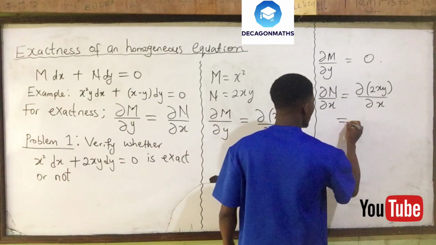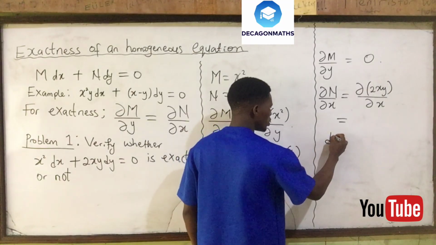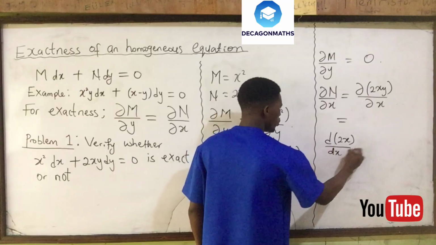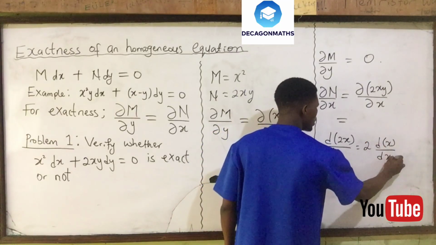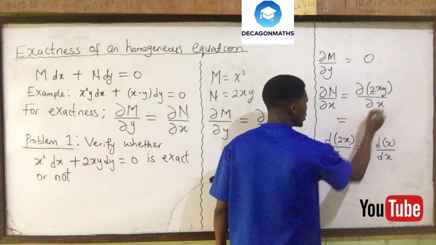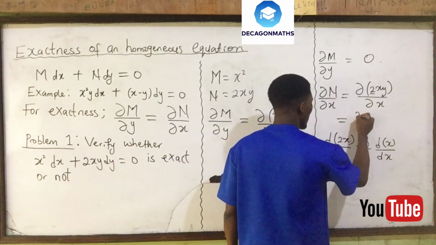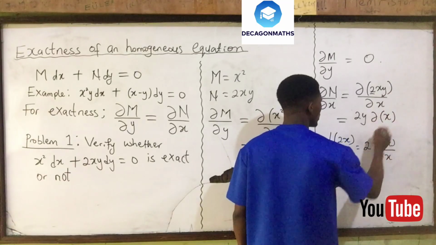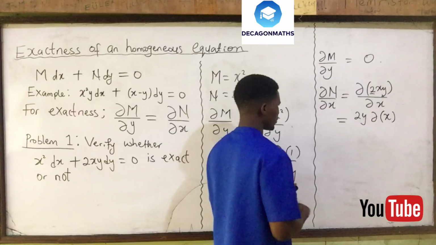Remember the rule for normal differentiation: if you have 2x with respect to x, we can bring down the constant. The same thing will happen here. We bring 2 and y out, then we take the derivative of just x with respect to x.